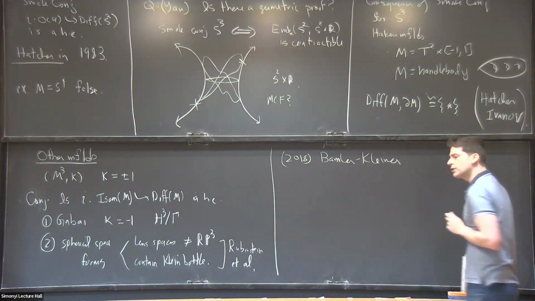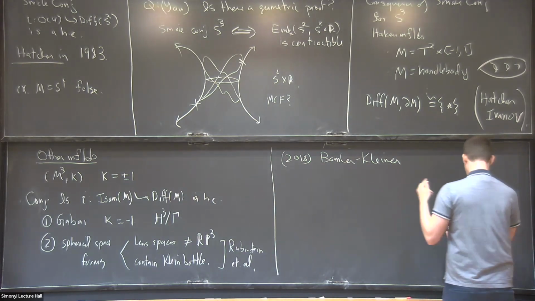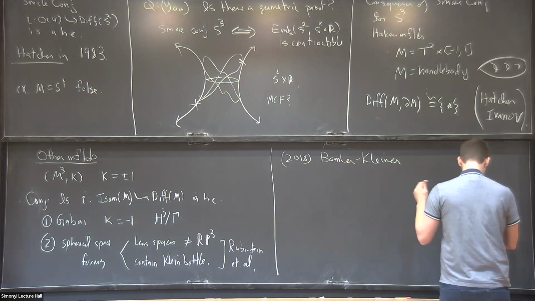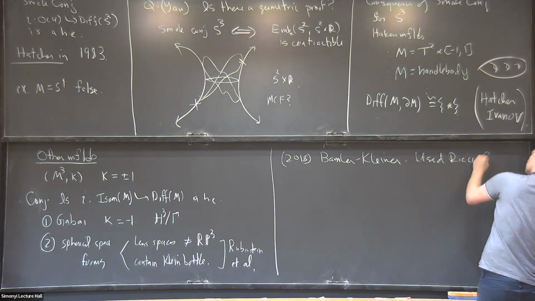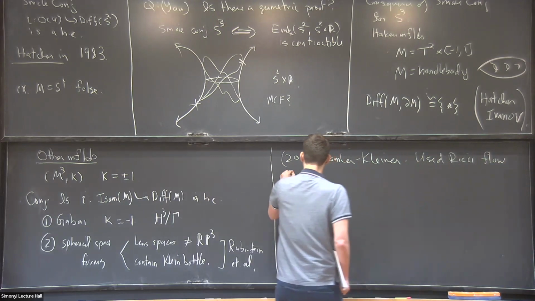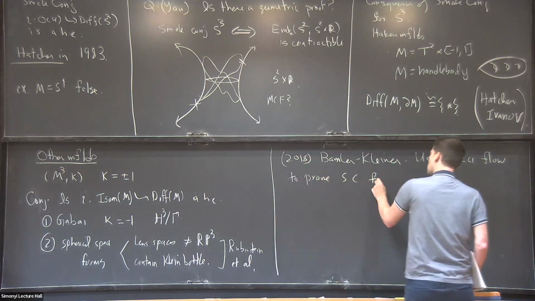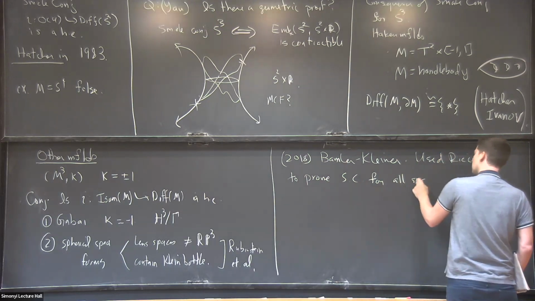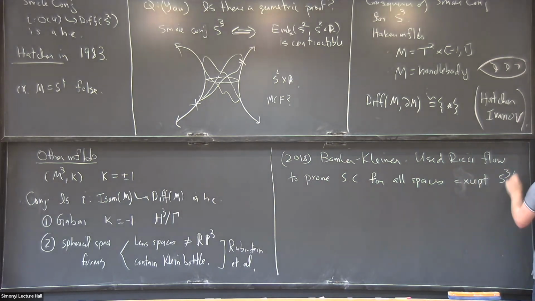Okay, and then in 2018, Bamler and Kleiner used Ricci flow to contract the space of metrics to constant curvature metrics. They have to, of course, deal with surgeries and high parameter families to prove the Smale conjecture for all spaces except for the 2 hardest, S3 and RP3, which are most similar.